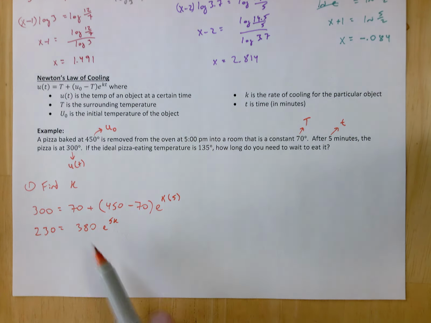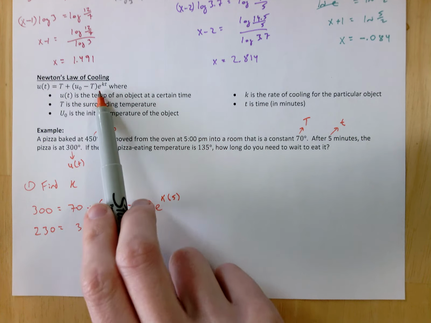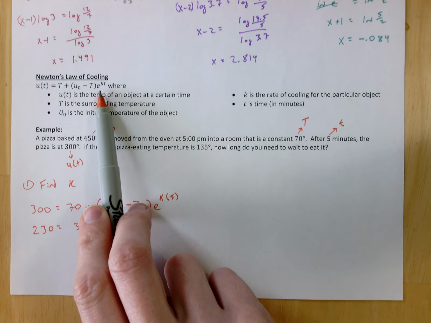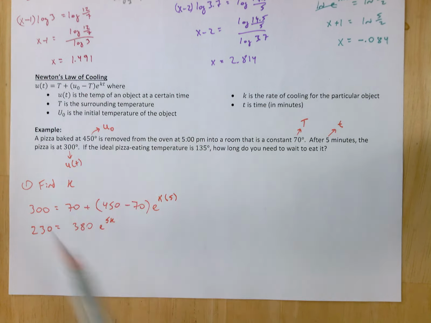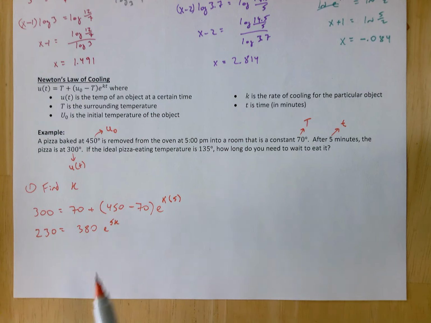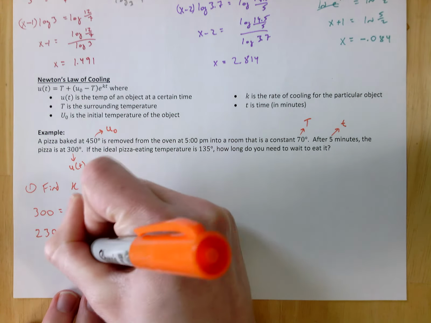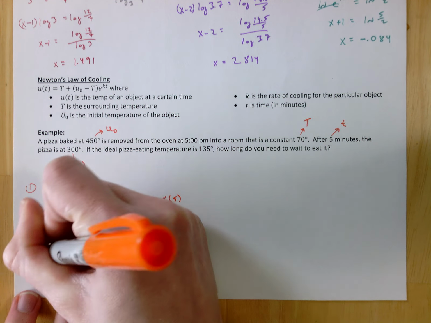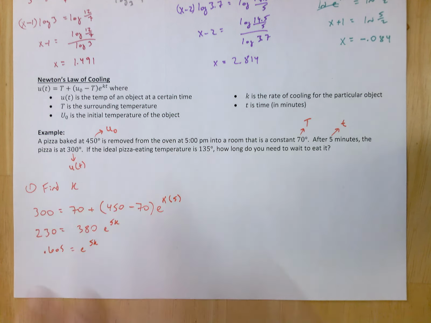Now notice, this is being multiplied by e. It's not inside of the parentheses with e, so this isn't being raised to an exponent. This is just a number in front. So next I'm going to divide both sides by that 380. So I'm going to do 230 divided by 380, and that equals e to the 5k, and it works out to about 0.605-ish.